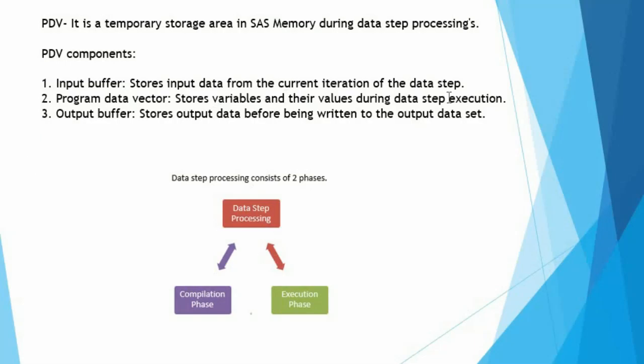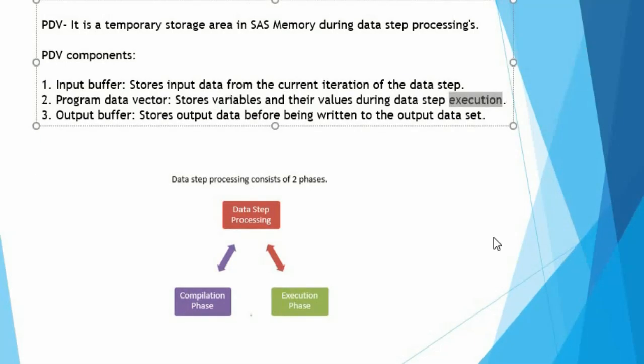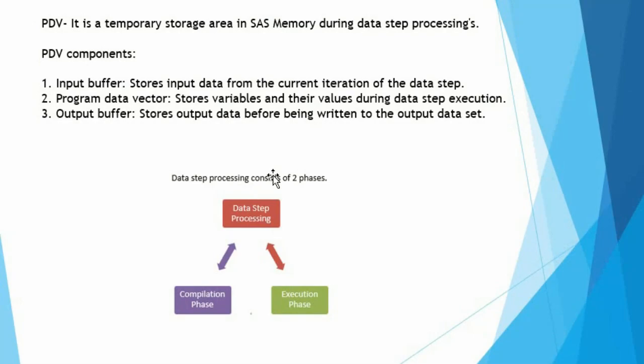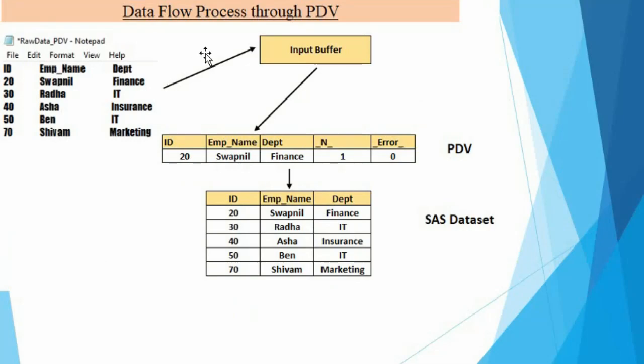Now the word you should notice here is execution. As we know, data step processing happens in two phases: the first one is compilation and the second is execution. So let's understand the data flow process through PDV.